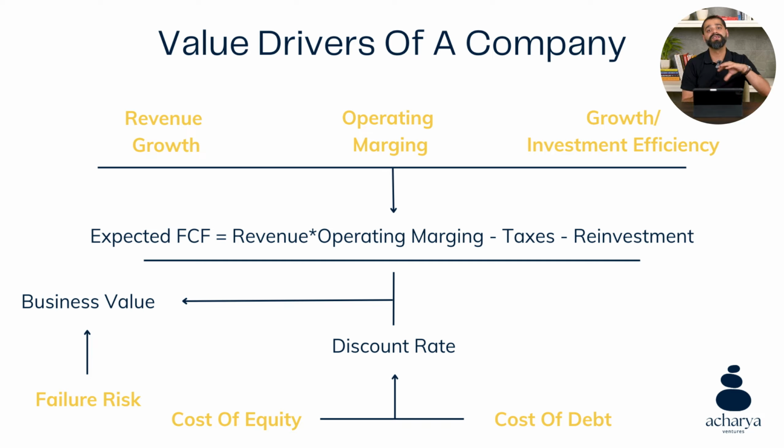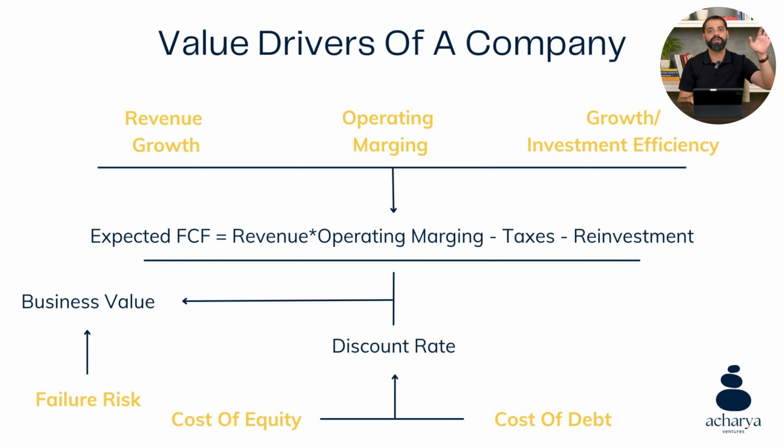And finally, there is a risk. Every business has a risk of failure. Maybe it's the market, maybe it is the industry that you're operating in, or let's say there are macroeconomic risks, and we are going to cover a few risks in the next sections. But these are the 6 main drivers that make you come to a valuation of the business.